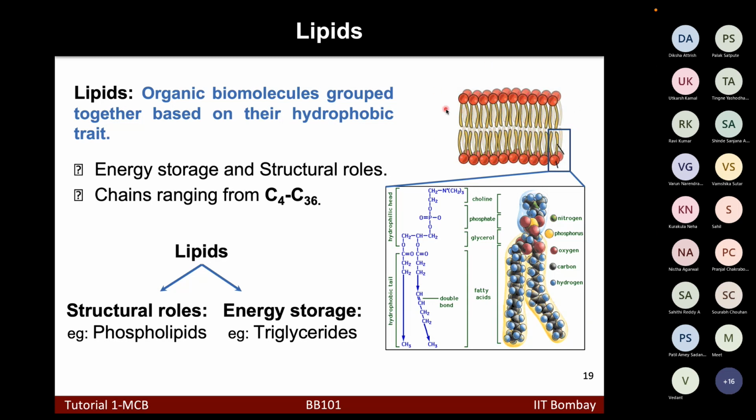It has a hydrophilic head, the red thing, and the yellow things are the hydrophobic tails. That's why the heads are directed outside of the cell and towards the interior of the cell, and the hydrophobic tail part is embedded inside the membrane.